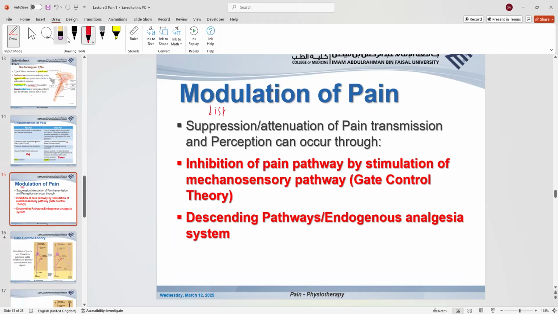Number one is inhibition of pain pathway by stimulation of mechanosensory pathway. This is what is called gate control theory. And the other one that is present is the descending pathway present in the body, which is called the endogenous analgesia system. And we will describe them now in the next slide. Next, please.